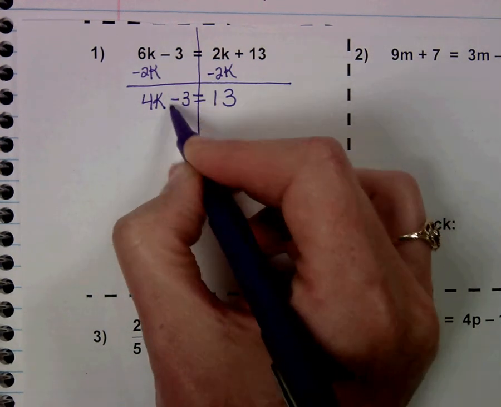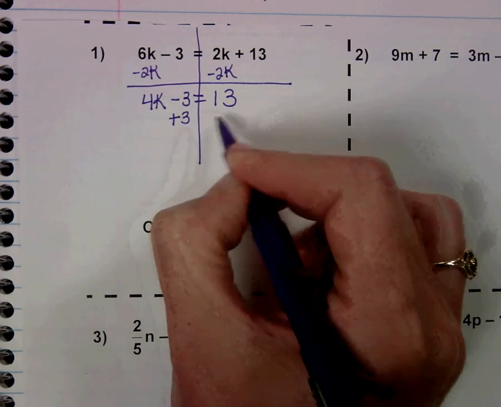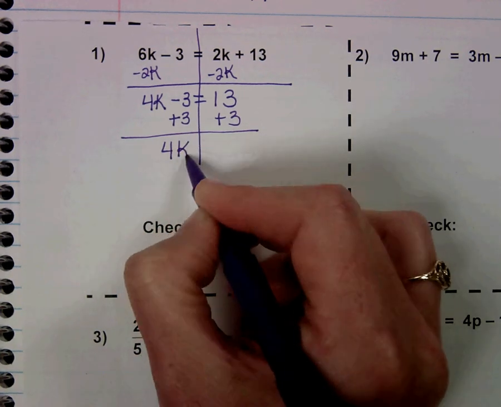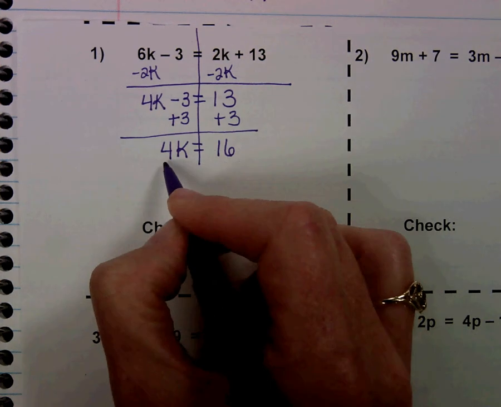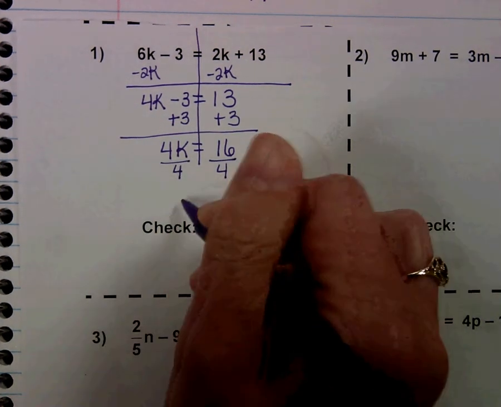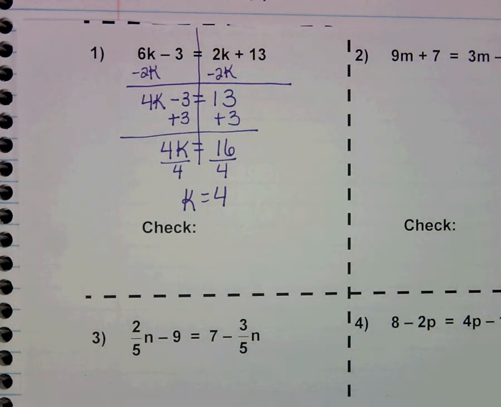Remember, negative 3 is called a constant because it doesn't have a variable with it. So add 3. That leaves me 4k equals 16. And then our last step, multiply or divide, and the inverse operation would be to divide. And so our solution is k equals 4.